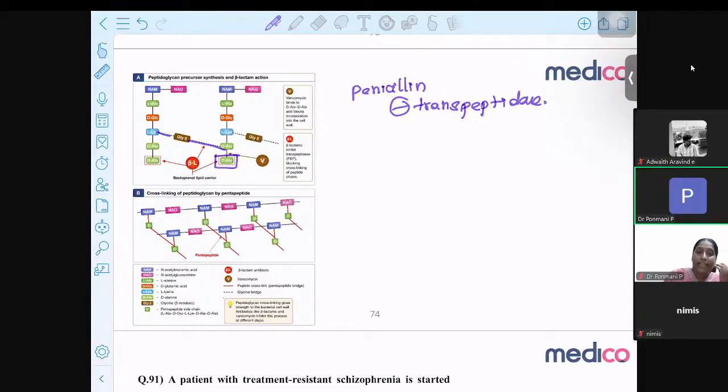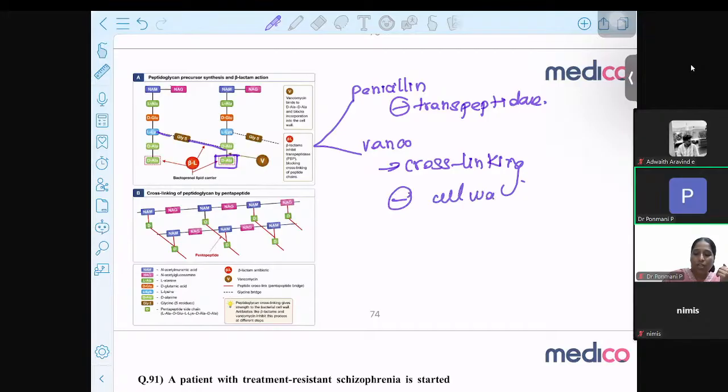Usually, the terminal D-ala gets cut off, and the previous D-ala gets connected to the adjacent L-lysine residue. Since this D-ala is not cut off, and since vancomycin binds to it, vancomycin also blocks the cross-linking. The mechanism of action between the two is different, but the end result is the same. Both are cell wall synthesis inhibitors.